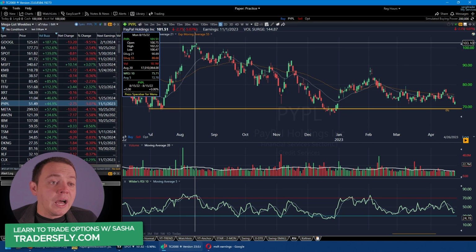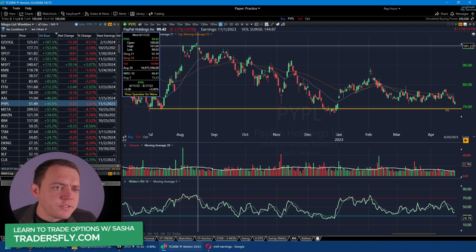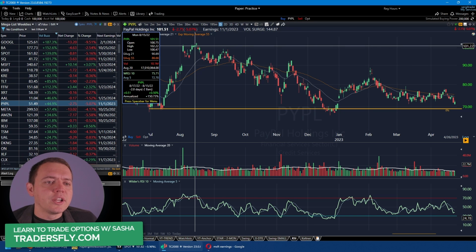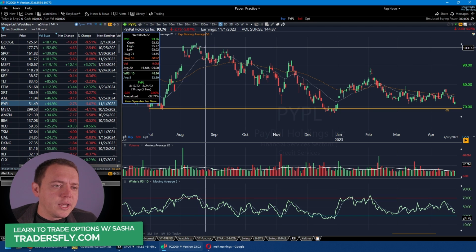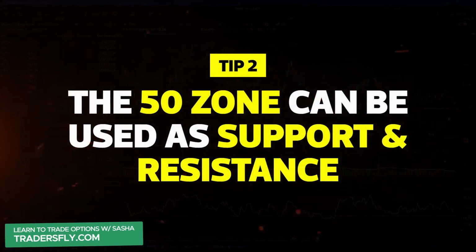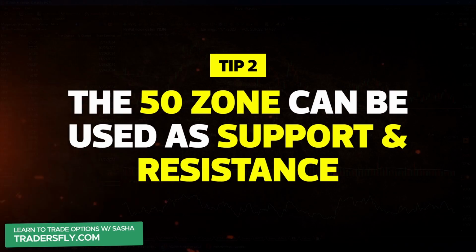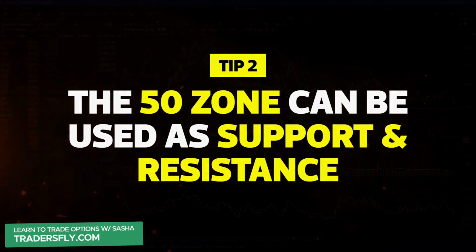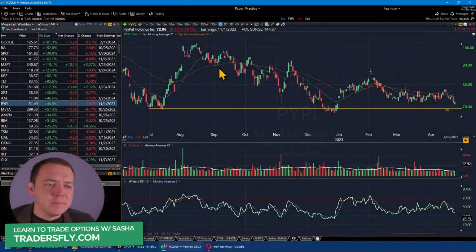So now what we've got is this level or this area. The other thing I want you to point out and understand is that the 50 zone can also be used as support and resistance, or an overbought or oversold level, depending on the stock.